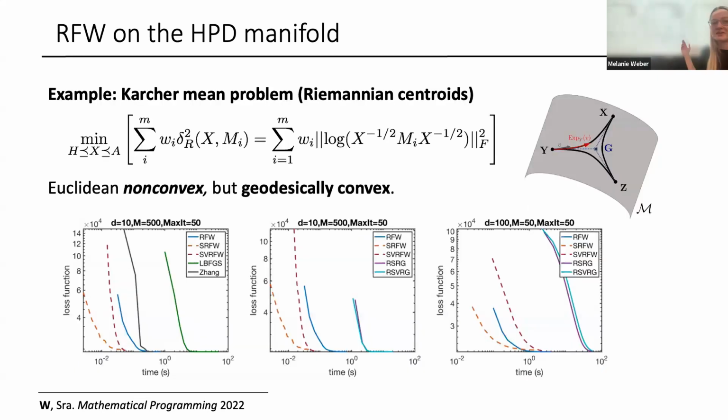And then here are some numerical examples where we implemented the algorithm for the Gaussian mean problem. That's one instance of the barycenter problem. We have a collection of positive definite matrices. The interval constraints here come from the matrix means inequality. The Gaussian mean on positive definite matrices corresponds to the geometric mean.